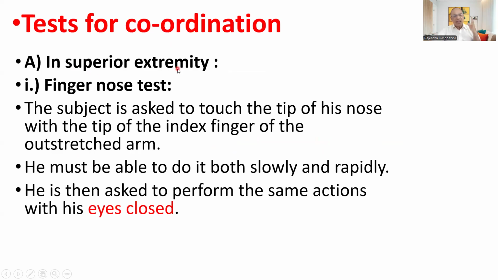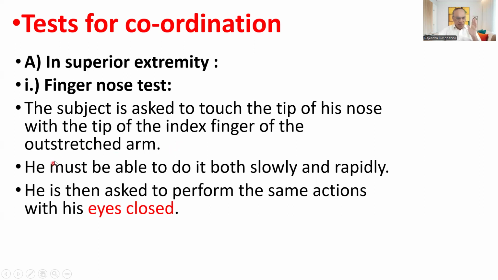In the superior extremities, that means the upper part of your body, the hands, the first is the finger nose test. The subject is asked to touch the tip of the nose and the tip of the index finger of the outstretched arm. These demonstrations are available in my live videos in the playlist clinical examination.